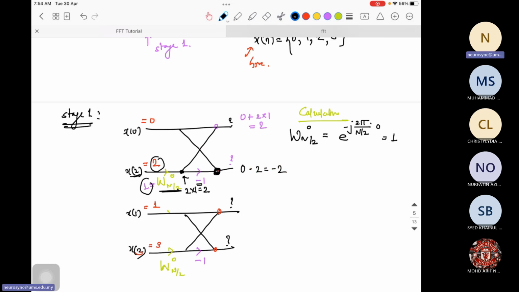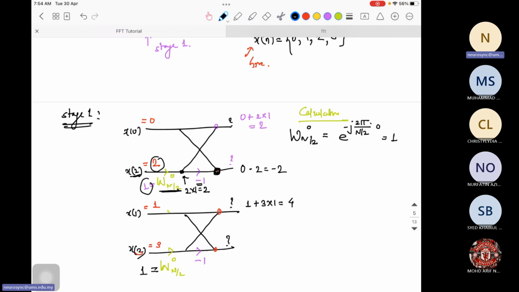Now can you give me the value here? How much is it? Is it 4, doctor? 1 plus 3 times 1 is equal to 4, correct.